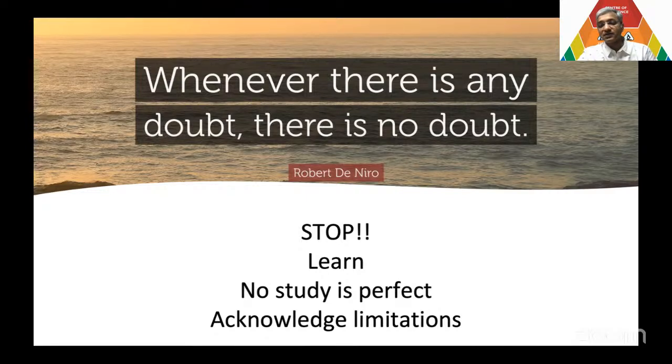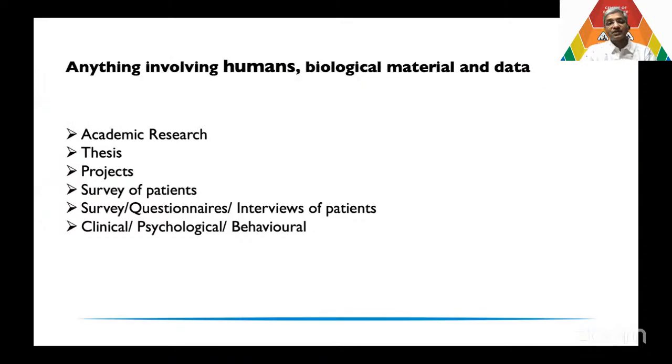It is up to the reviewers and readers to see whether that has a huge impact on the acceptability of the results or not. But we should not try to portray that this study has no flaws, and this is the best ever or first ever when many others may have published. So we need to be very ethical when we are doing a trial as well as while publishing.